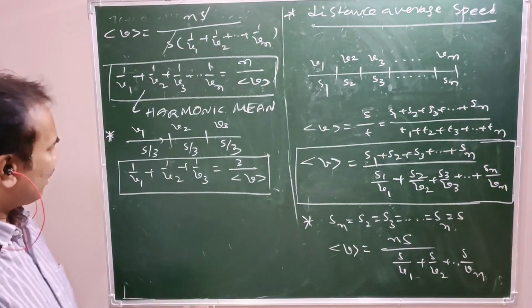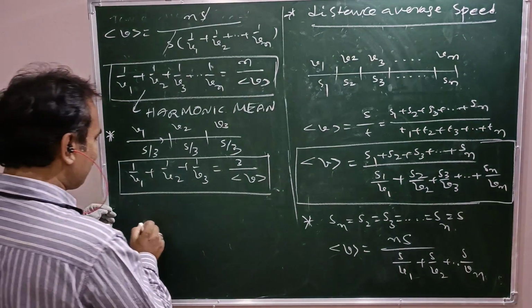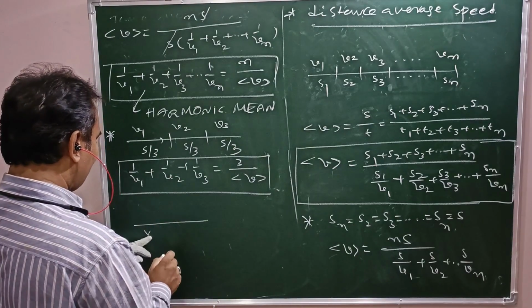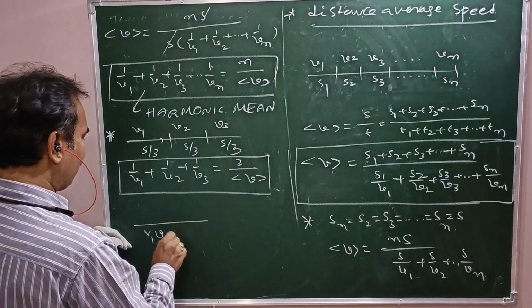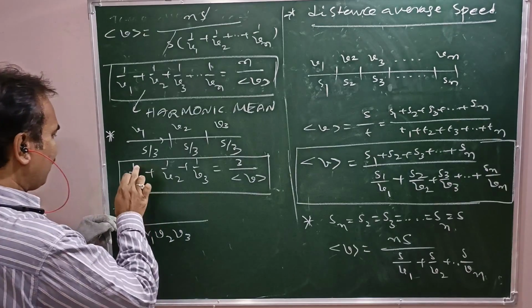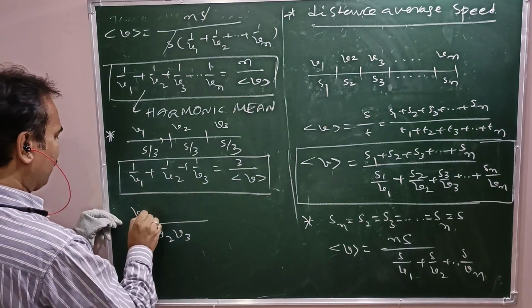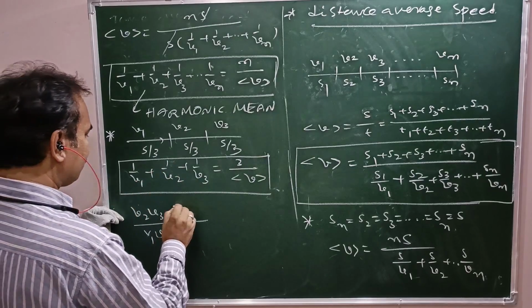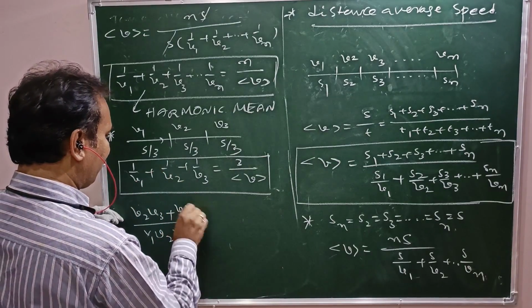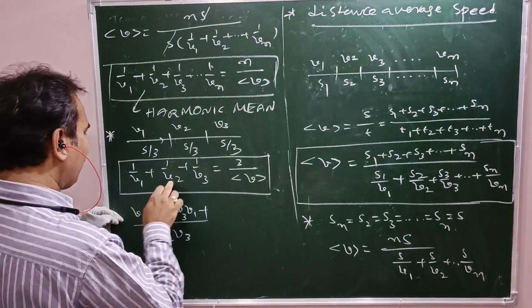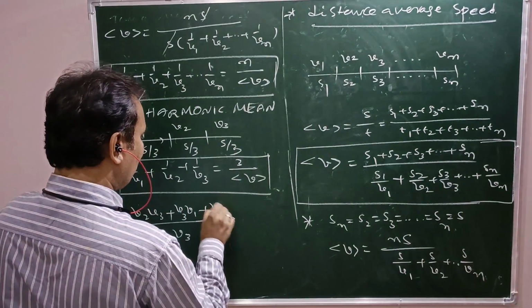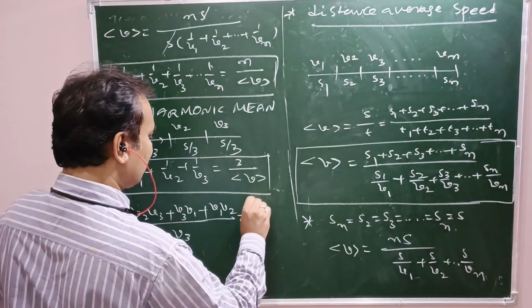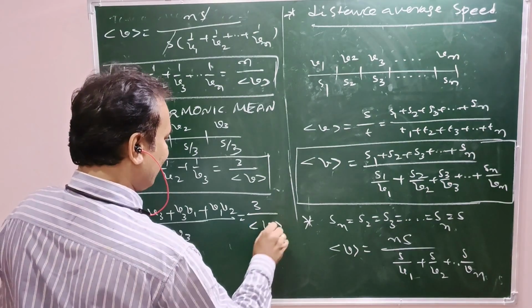We can take another form by taking the LCM of V1, V2, V3. Here 1 into V2 V3 plus 1 into V3 V1 plus 1 into V1 V2, all over V1 V2 V3, equal to 3 by average speed.